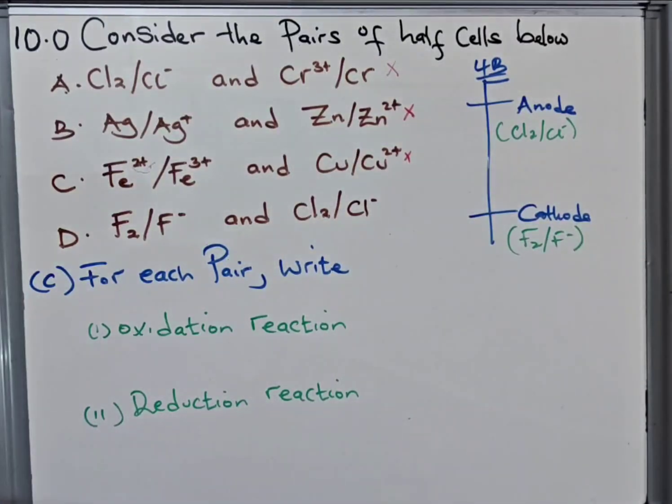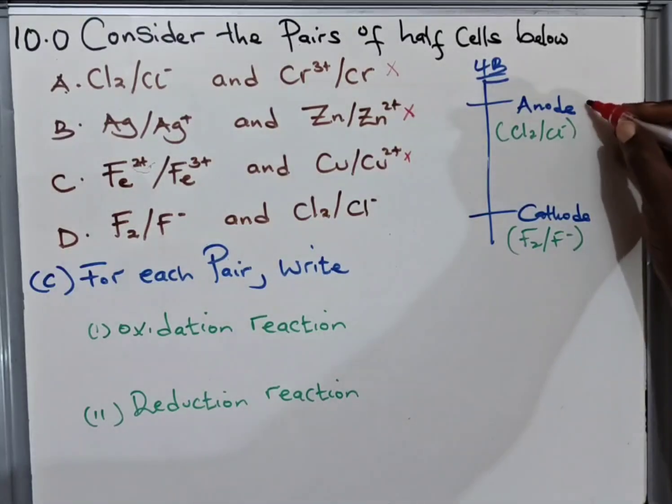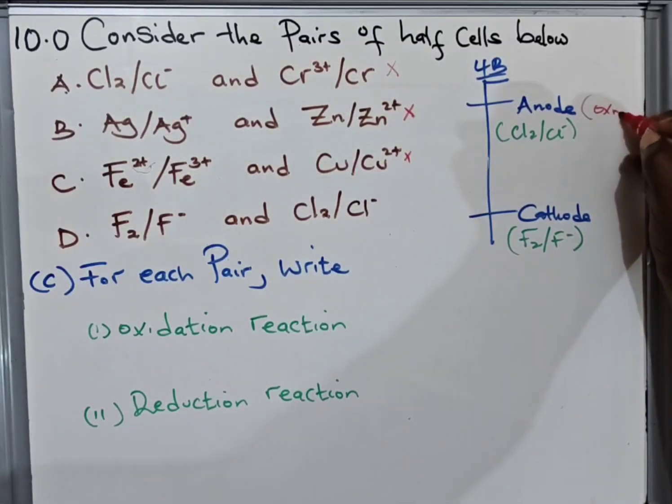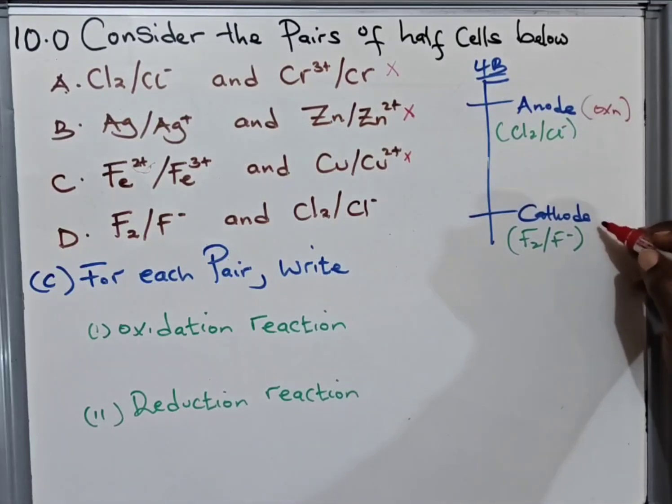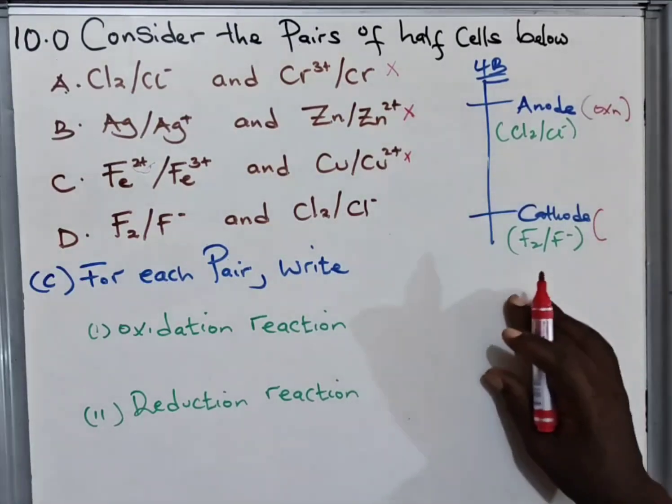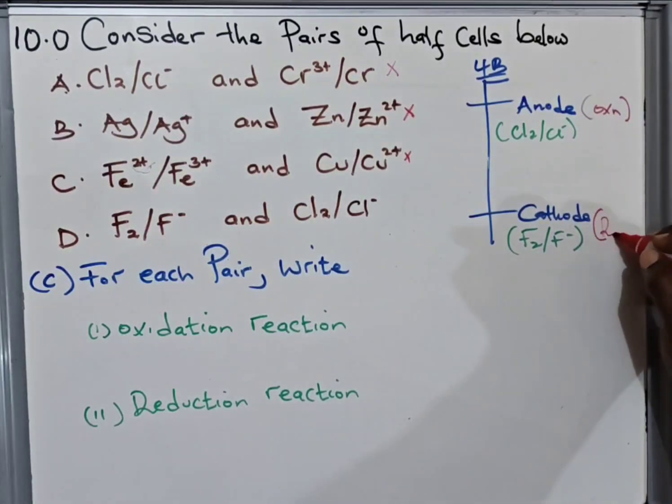Okay? And we need to know that the reaction which takes place at the anode is oxidation, and the reaction which takes place at the cathode is reduction.